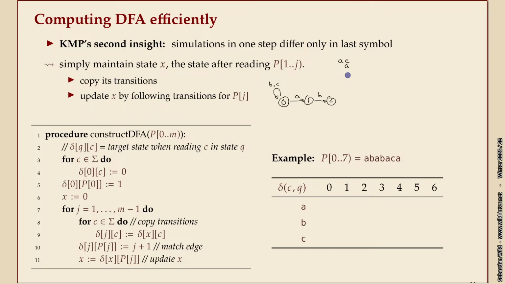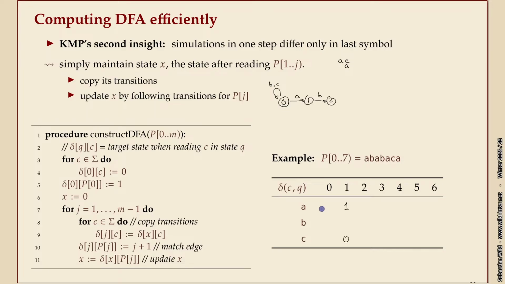Then I'll just simulate the automaton on the one shorter prefix. So I'm starting in state 0, and one shorter prefix is just this single character, A or C. If I have an A, I'm going to state 1. So the outgoing arc from 1 with an A should be 1 again. If I see a C, then I stay in state 0, and nothing happens here.